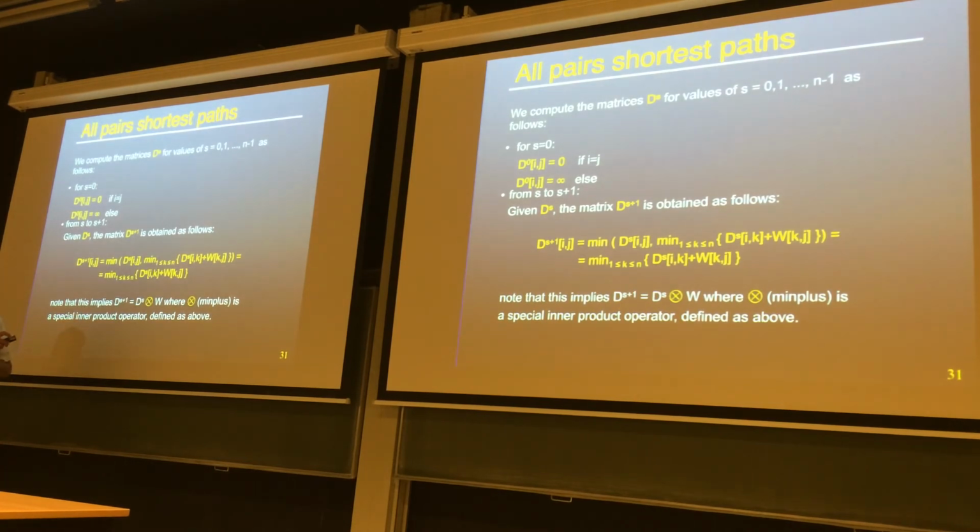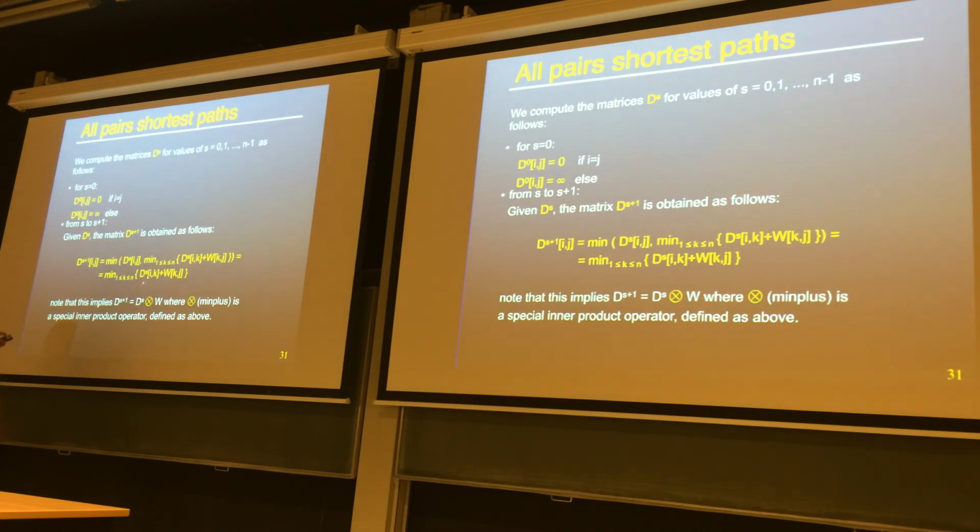Look here. I might choose K here equal to J, isn't it? And then I know that WJJ by definition is equal to 0. So this is already, every element here already is represented here.